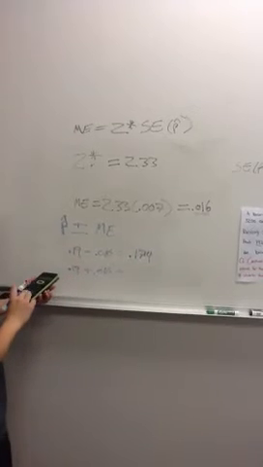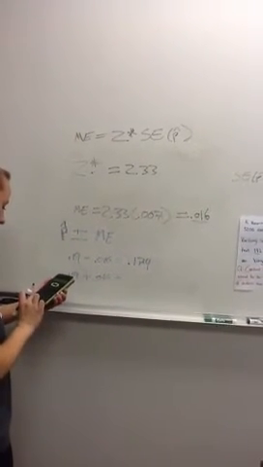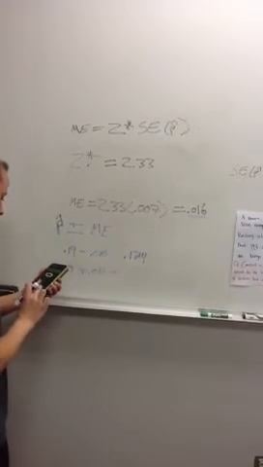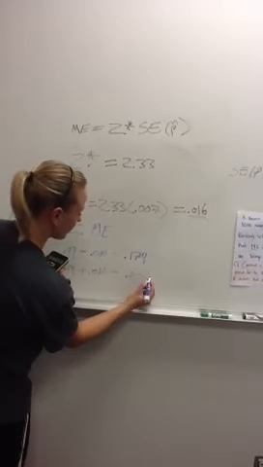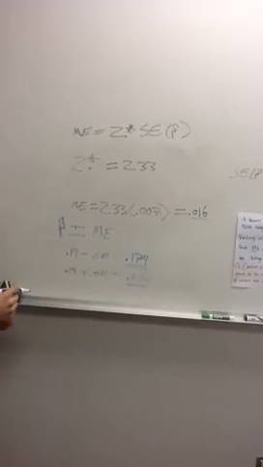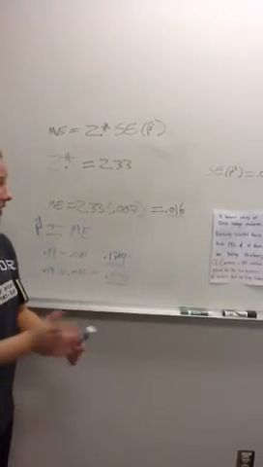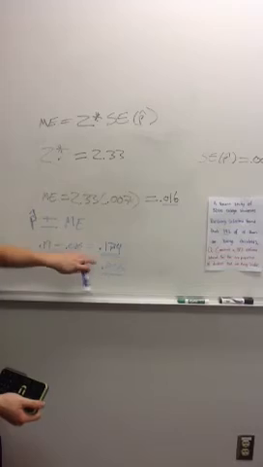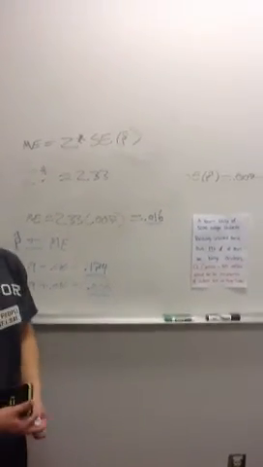And our upper confidence limit is 0.19 plus 0.016, which is 0.206. So these are our confidence limits, which means that we are 98% confident that between these numbers right here, we will find our true proportion. Thanks. That's your answer.